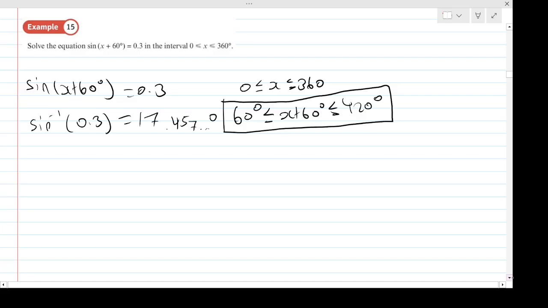Right, so then for our angle, which is x plus 60, this will be the first solution. So then, to find the other ones, well, let's consider the sine graph, right?